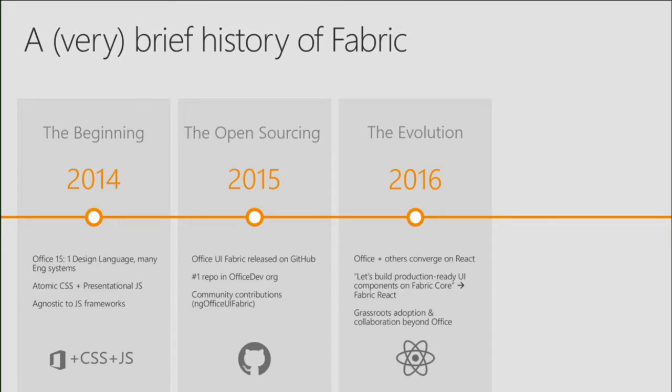And what happened was that many of these product teams independently converged on React.js, Facebook's UI library. This led to a collaboration and a question: why don't we build together full production-ready UI controls that are not just representational, full controls that are built on React and built on the Fabric brand?